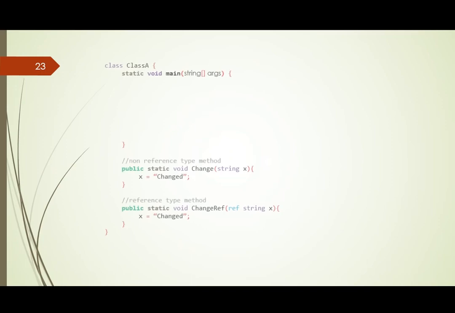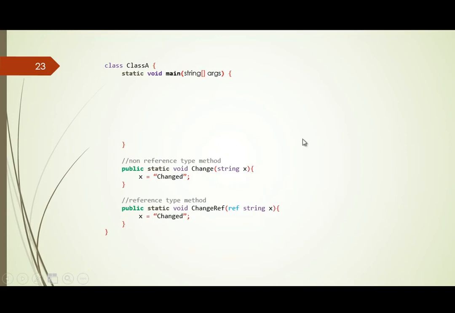And let's say that I have these functions. I'm saying that this function is a non-reference type. I'm explicitly choosing the string, because MSDN says that only the primitive types are passed as value, and string is a non-primitive type.